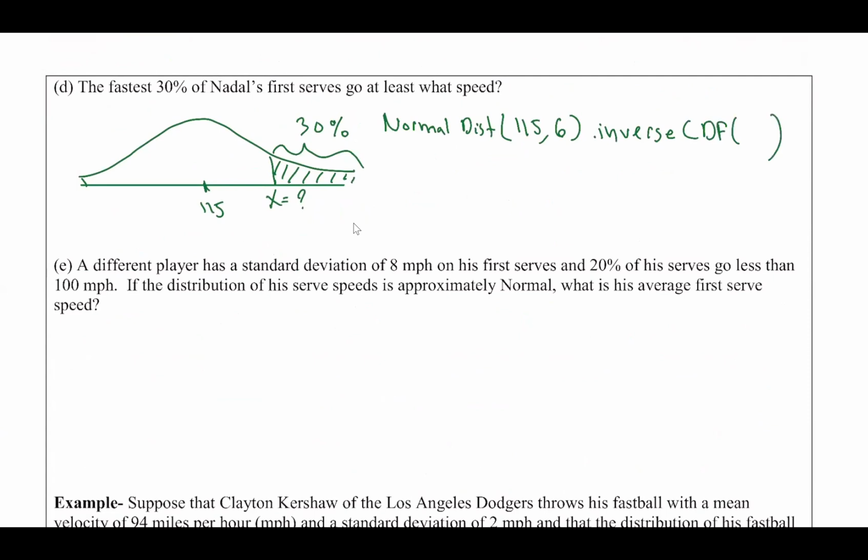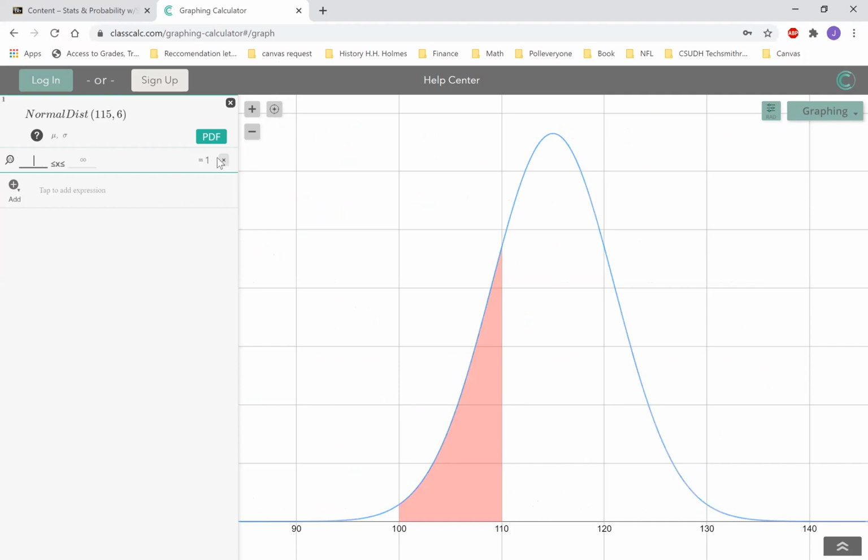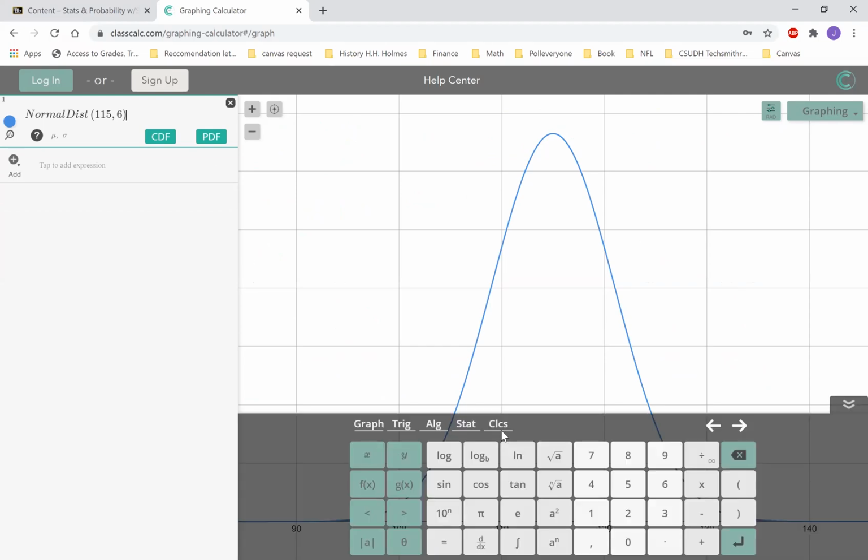What do you think I should do inverse CDF of? What should I put in between the parentheses? 0.3. All right, 0.3. So let's go ahead and do inverse CDF of that.